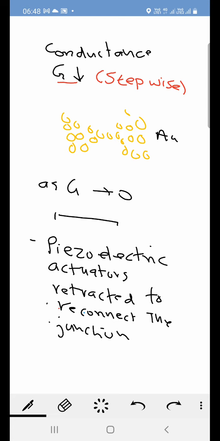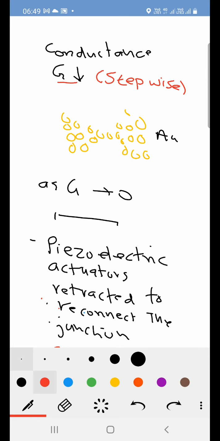And so the conductance G is again now greater than 10 times the Landauer's conductance, or the minimum possible conductance. And this is also called the quantum conductance, G0.